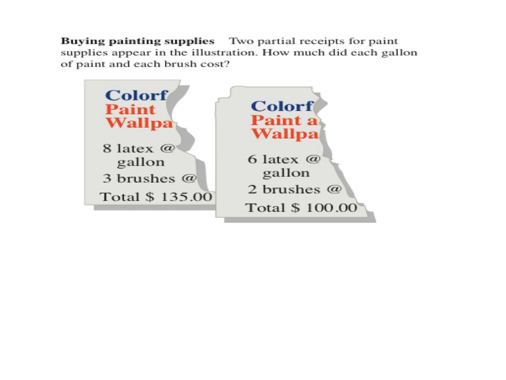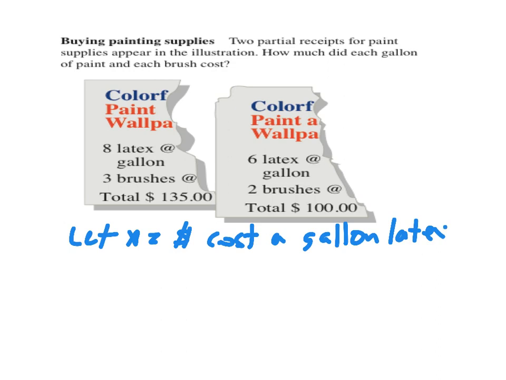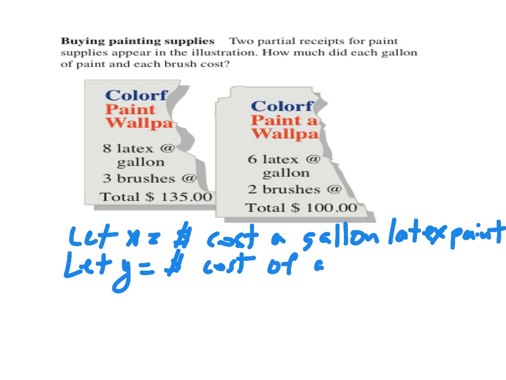So let's get our variables defined. Let x equal the dollar cost of a gallon of latex paint and let y equal the dollar cost of a paintbrush.